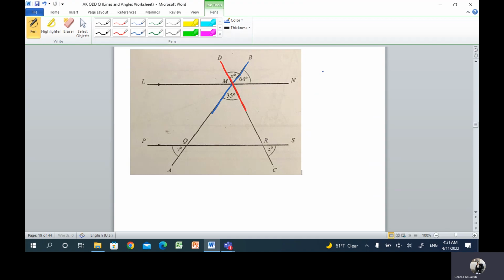So let's start with X is equal to 35 degrees. And the reason behind it, vertically opposite angles are equal. Okay, so we found X.